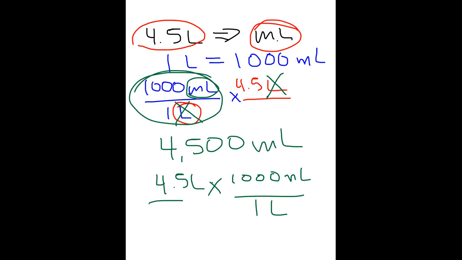The book puts what we have as the first step. But the way I like to write it is, since this one already tells me that mLs is on top, that's what I want to make sure stays on top, because this is the unit I want in the answer.